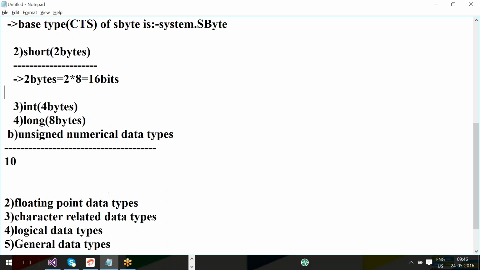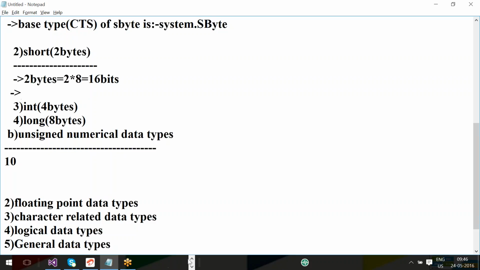So finally, if you create a short variable, it will consume 16 bits of memory. 1 byte equals 8 bits, and 1 bit is represented with either 0 or 1. 0 or 1 are not numerical, they are binary 0, binary 1. If you create a short variable in memory, it will allocate 2 bytes of memory for that variable, 16 bits.